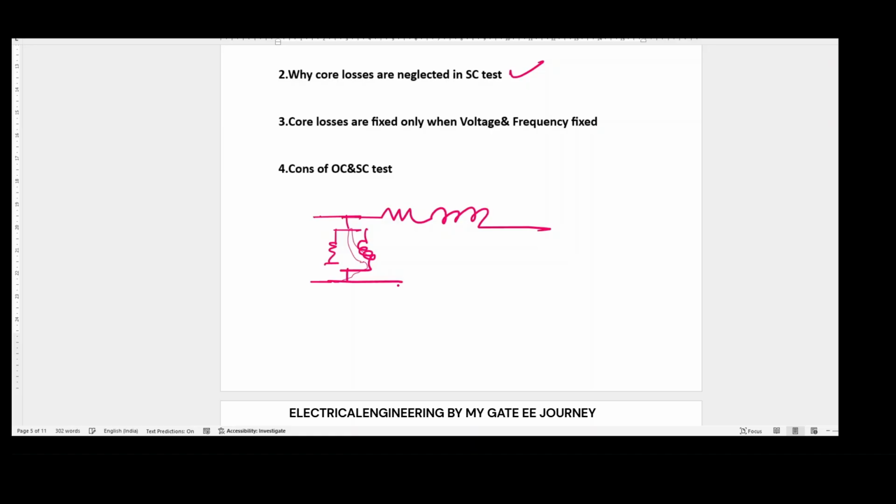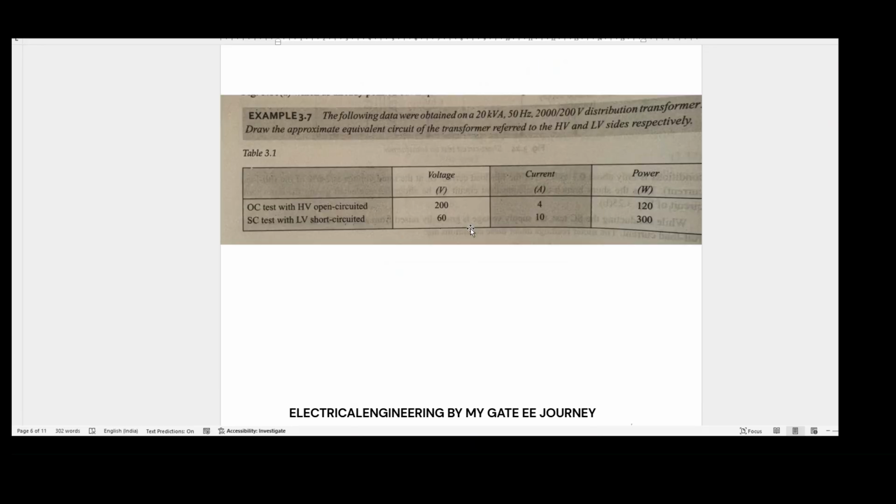You will get R equivalent, X equivalent, but you won't get R1, R2, X1, X2. In these two methods, we cannot find R1 and R2 separately. If someone wants to try, they can solve this problem. I will try to solve it based on my past explanation.